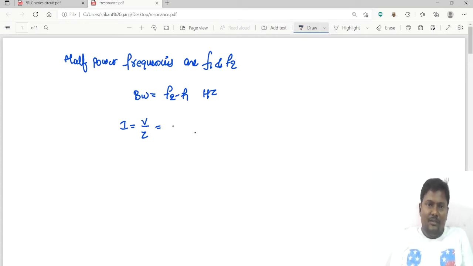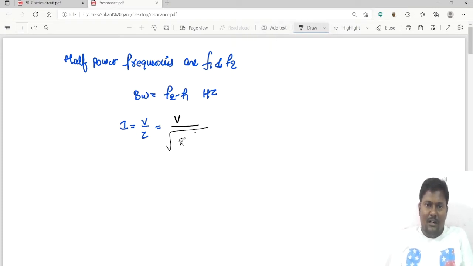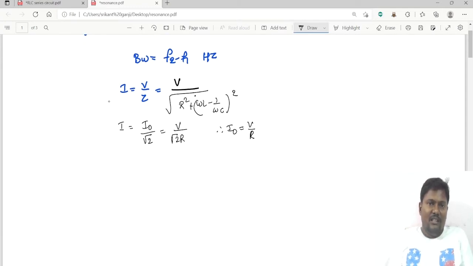I is equal to V by Z. We know that I is equal to V by Z, V by under root of R square plus omega L minus 1 by omega C whole square. Since I want to derive the frequencies at half power frequencies, I is equal to I naught by root 2, where I naught is equal to V by R. Both the current values are at half power frequencies.